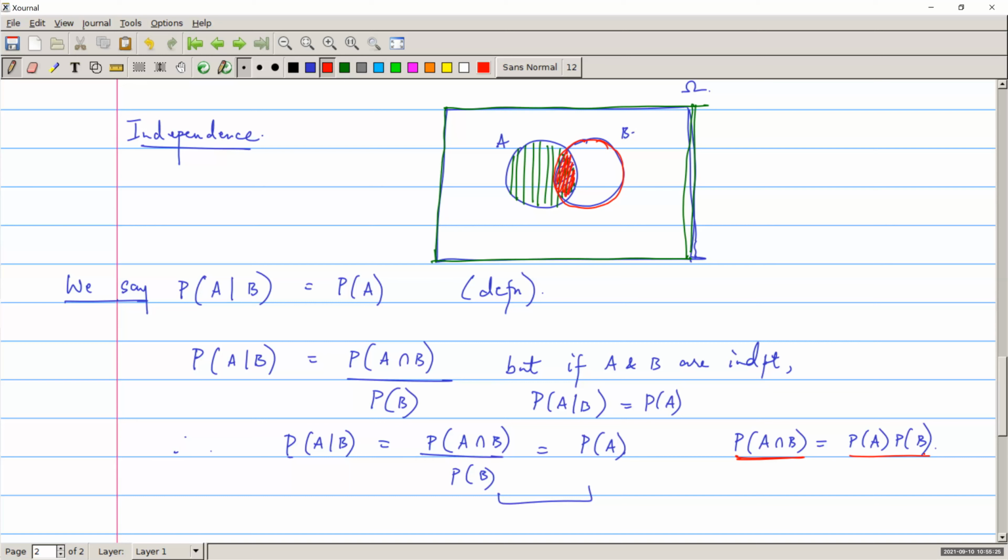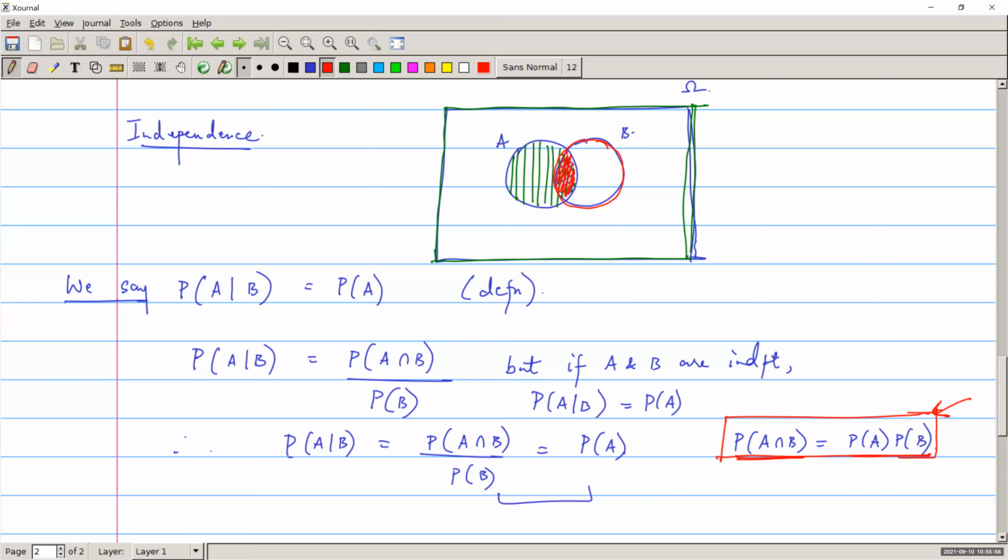The intersection of A and B must have probability equal to the product of the probabilities of A and B. This particular equation is how they should intersect. When two sets A and B intersect in this manner, the probability assigned to the intersection is exactly this. That's when they are independent.